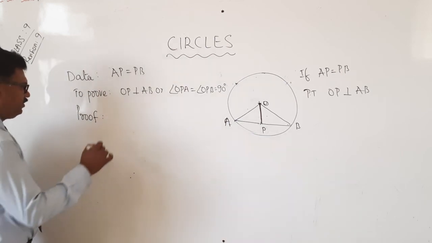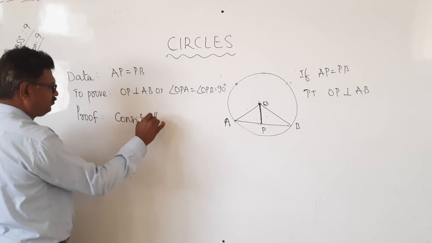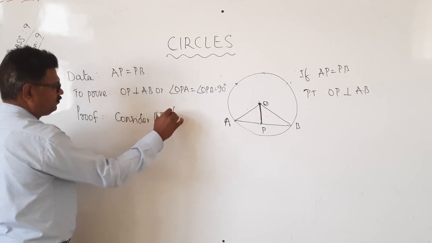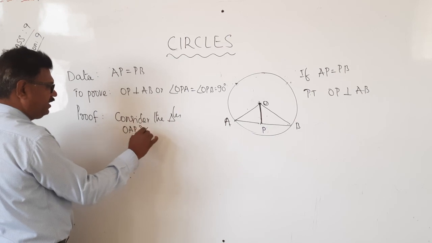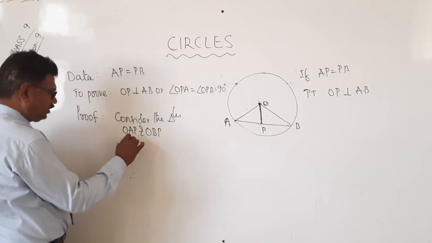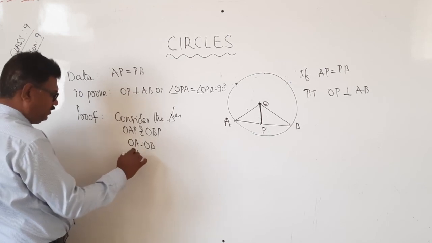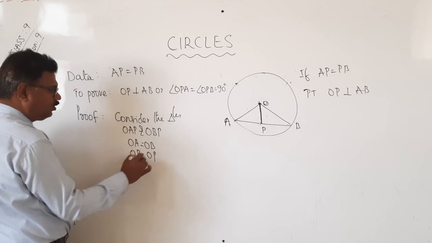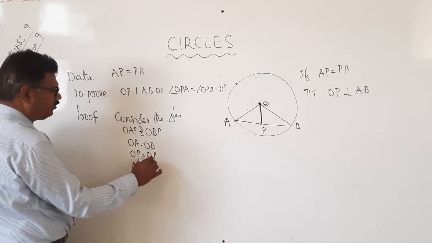Very simple proof. Consider the triangles OAP and OBP. OA equal to OB, OP equal to OP, AP equal to PB.